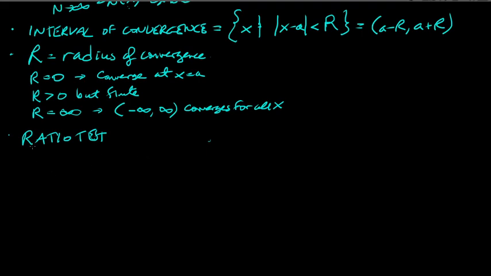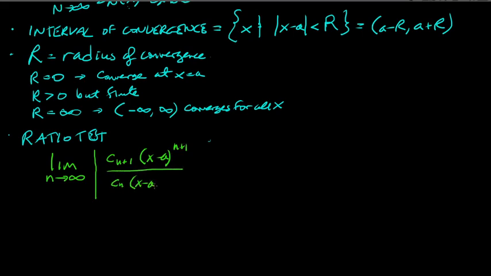We're going to take the limit as n goes to infinity of the absolute value of the following quantity: in the numerator, C_{n+1} times (x minus A)^{n+1}, over C_n times (x minus A)^n, and just take the absolute value of the whole thing.